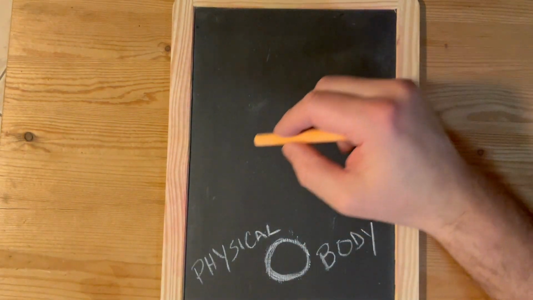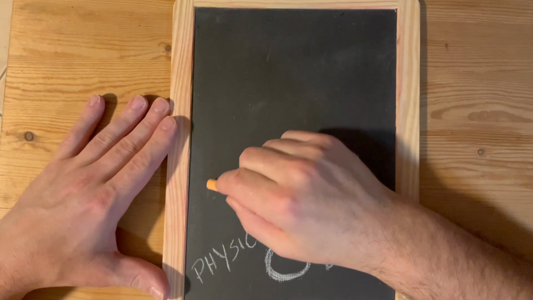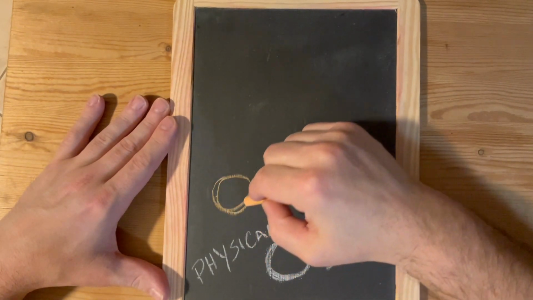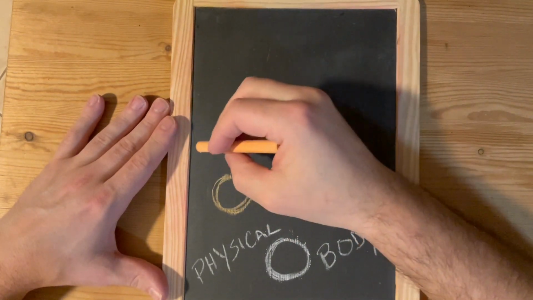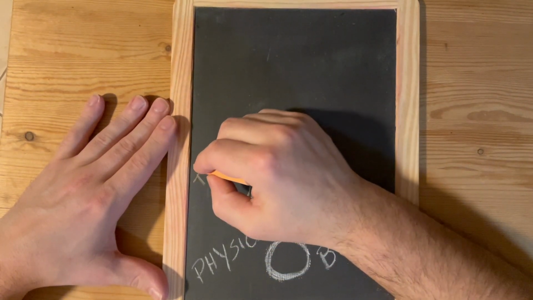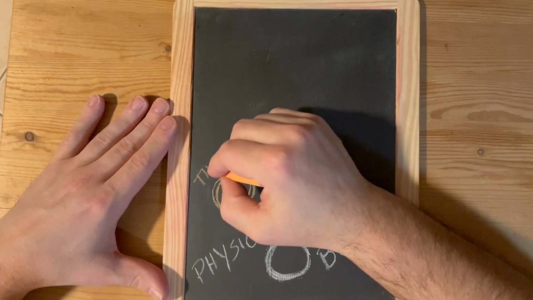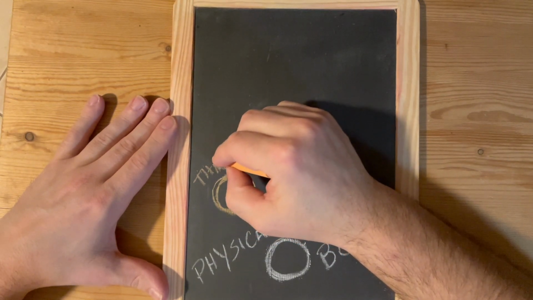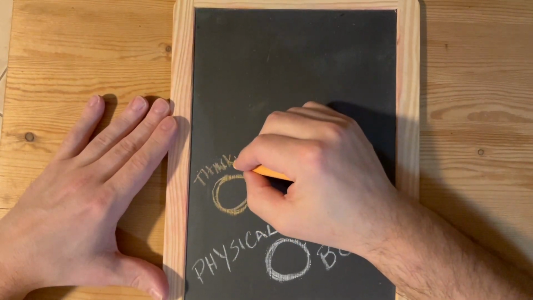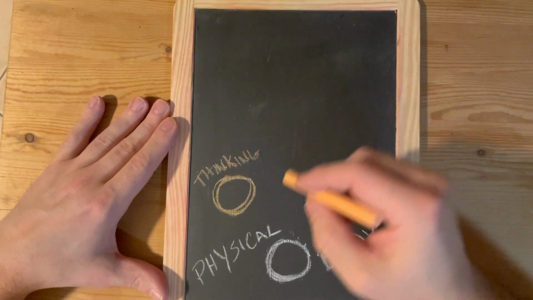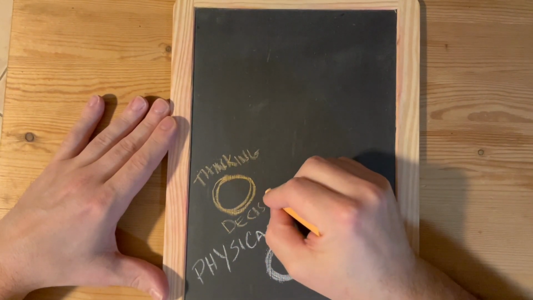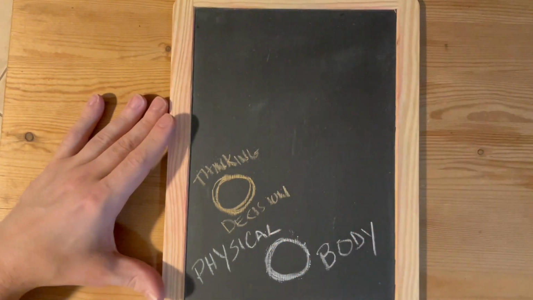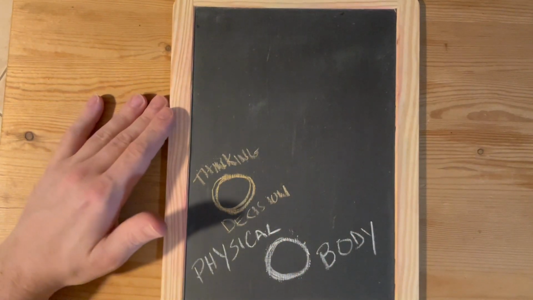Then we're going to move up here, to the left. And this circle is going to be the thinking. The thinking, the decision making. The mind, tactics, strategy.